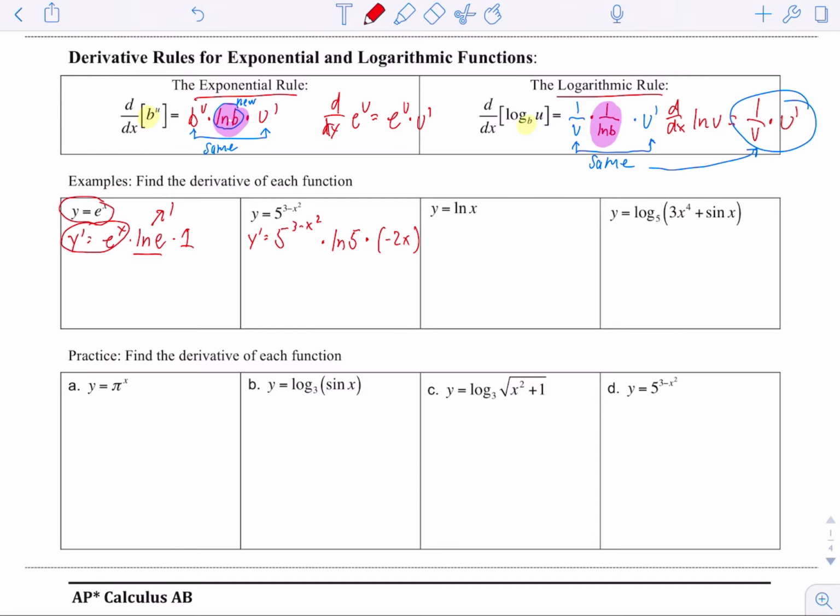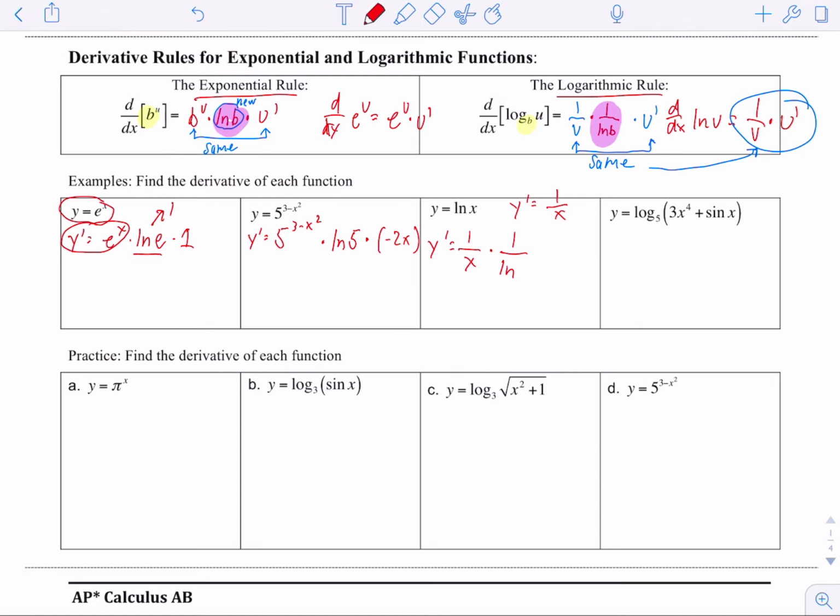Okay? All right, so let's see if that works for the natural log of x. We know that y prime is just going to be 1 over x, but let's see if the new rule works for this. The new rule states that you do 1 over x times 1 over the natural log of the base.